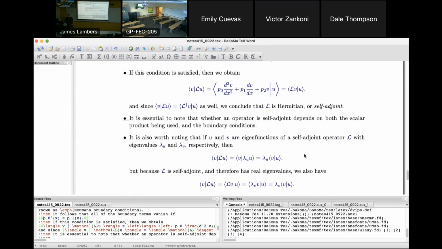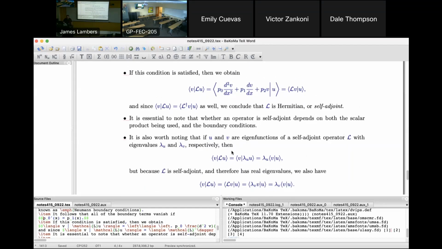When the operator is self-adjoint, the eigenfunctions and eigenvalues have an interesting property. For eigenfunctions in particular, let's suppose that U and V are both eigenfunctions. The operator L is self-adjoint, and these are the eigenvalues. Lambda U is the eigenvalue corresponding to U, lambda V is the eigenvalue corresponding to V. So now look at the scalar product, V, LU.